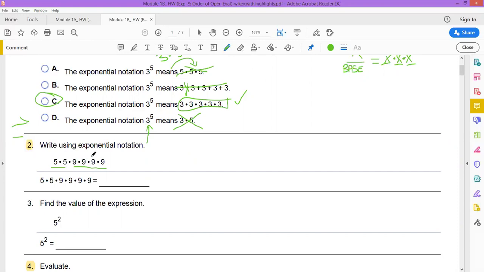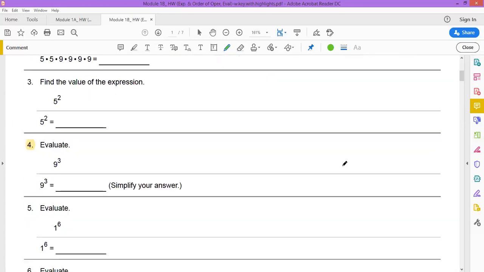We have 4 9s, all right? So to rewrite this term in exponential notation, 5 is the base, and we'll raise that 5 to the 2nd power since there are 2 5s we're multiplying by itself. Times our 9, how many times are we multiplying 9 by itself? That would be 4 times. So 5 to the 2nd power times 9 to the 4th power is the correct answer.